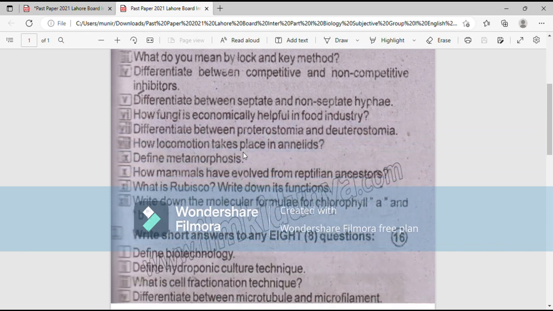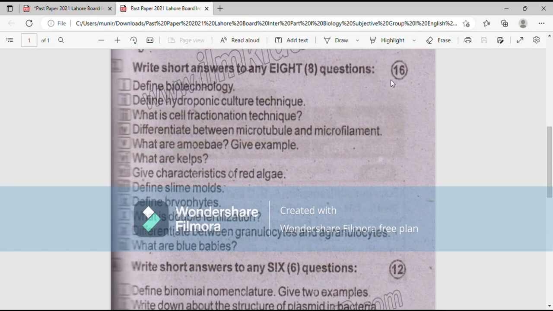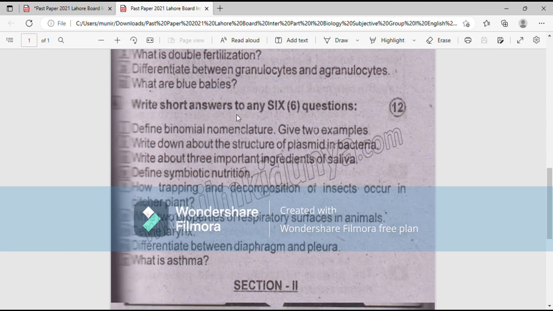Moving towards question number 3, it is also for 16 marks, and total questions are also 12. You have to attempt 8 out of them. In the last portion of the short questions, it is for total marks 12, and you have to attempt 6 questions out of this.